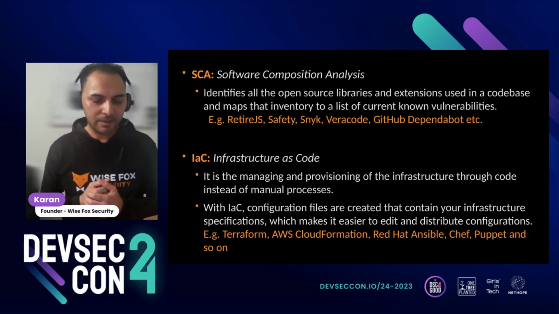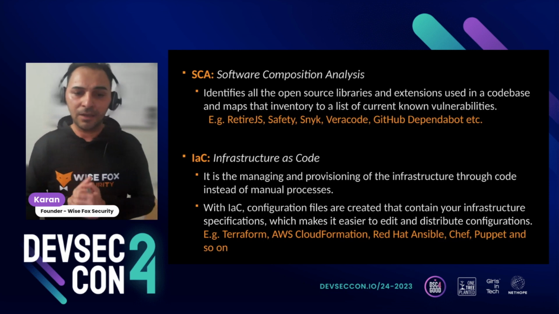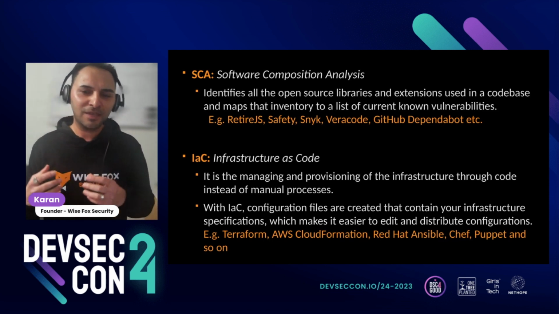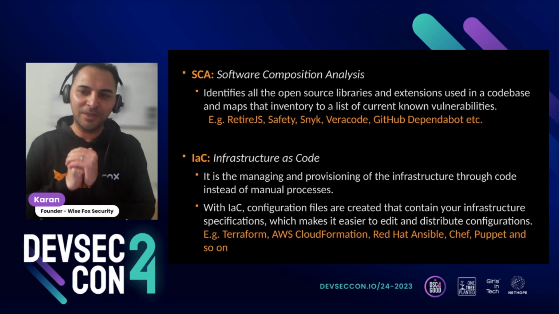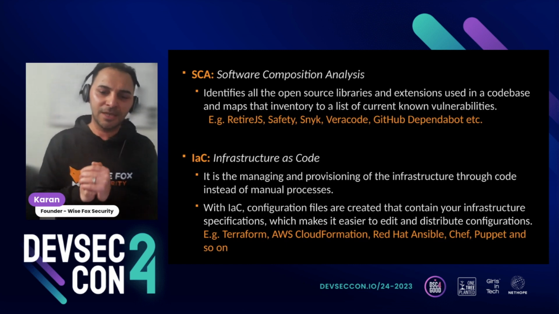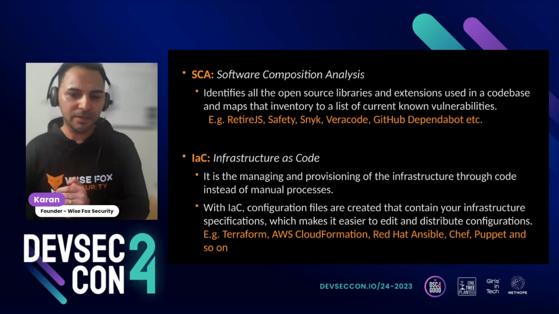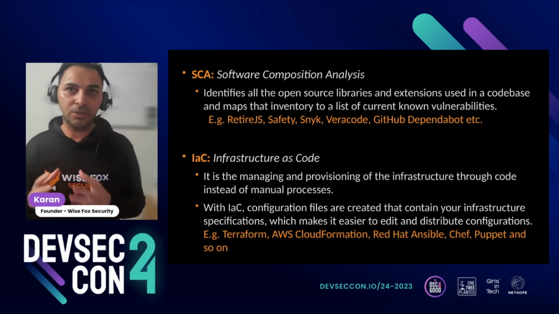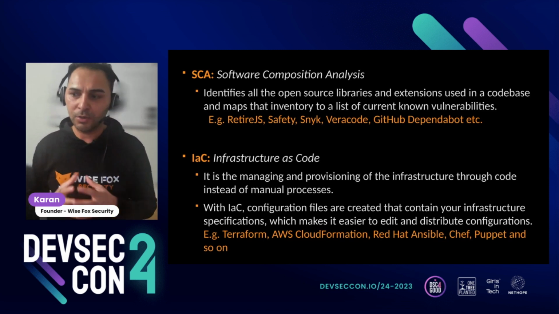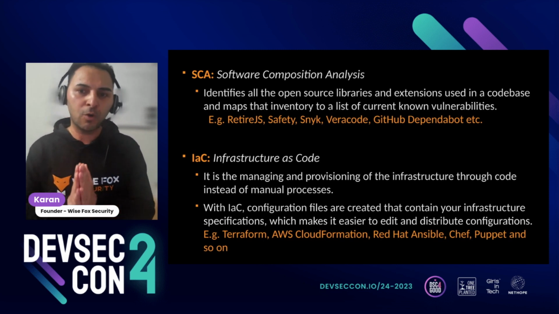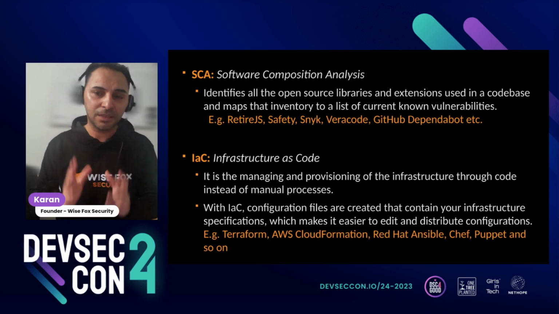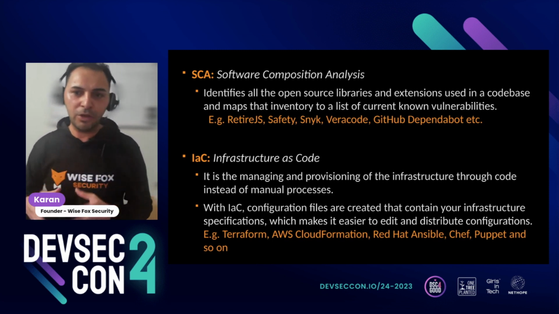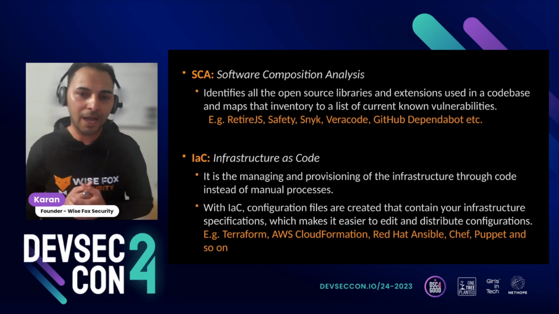Next thing that we're going to look at is SCA, or software composition analysis. With the help of software composition analysis, we are trying to find vulnerabilities in our application's dependencies. Now, these days, your code base relies on so many different dependencies and libraries, and SCA tooling is super important when you're developing and building your software.